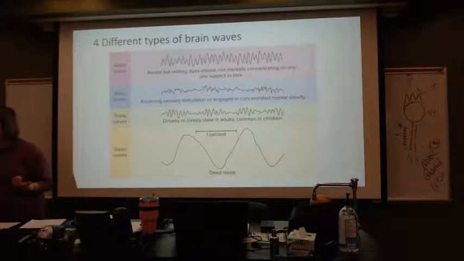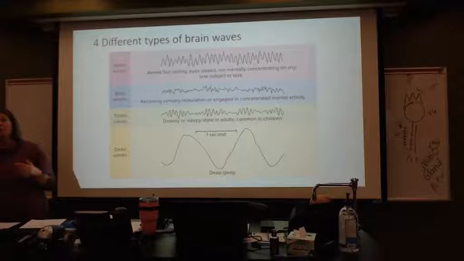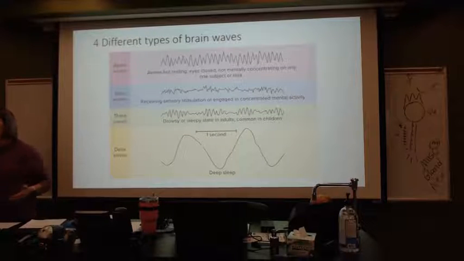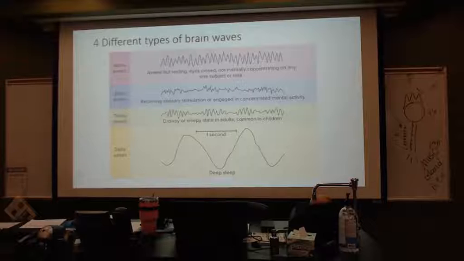These waves should be present when the person is doing certain activities. So, if they're doing that EEG, look at what they're saying about alpha. We're awake, but we're resting. Our eyes could be closed.